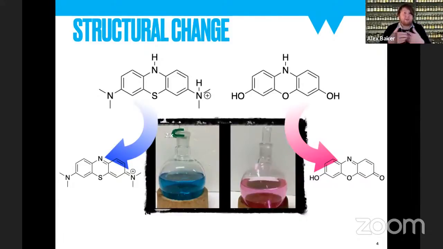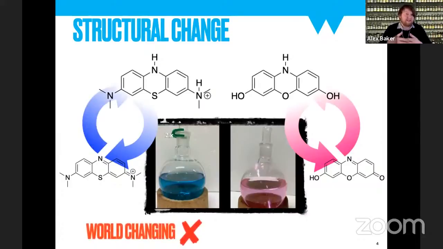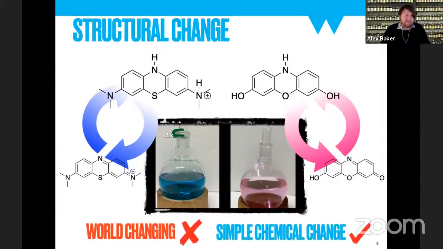Eventually they will go back to being clear and colorless as they rearrange their hydrogens and electrons again back to their starting positions. As I said, these molecules are not world-changing, but they do illustrate a very good point, that a very small chemical change of only a few hydrogens can have really dramatic consequences on how a chemical behaves.